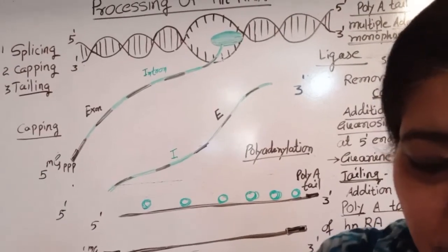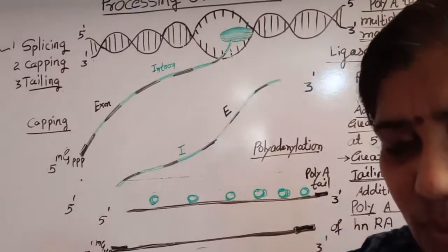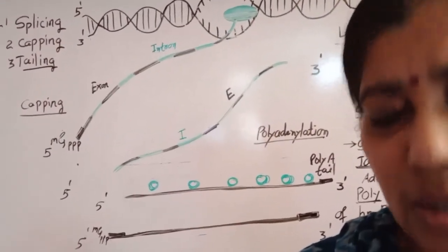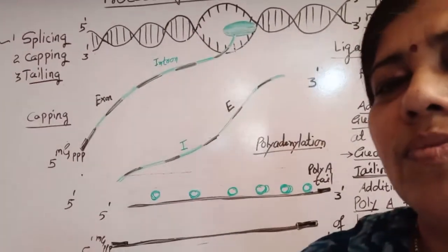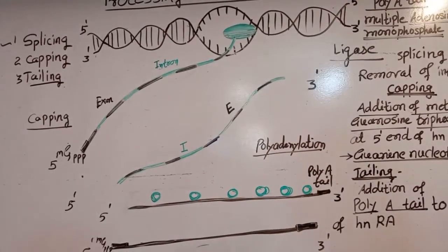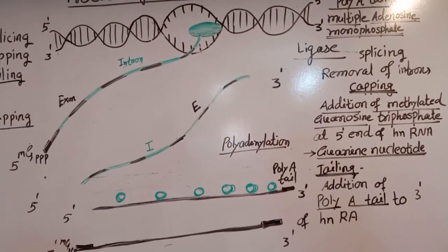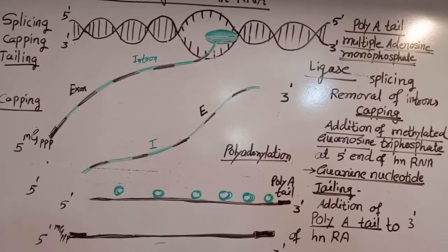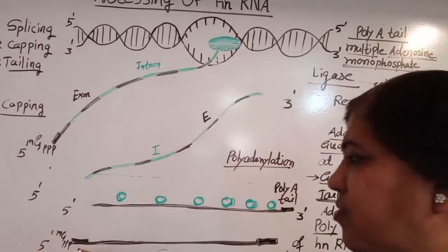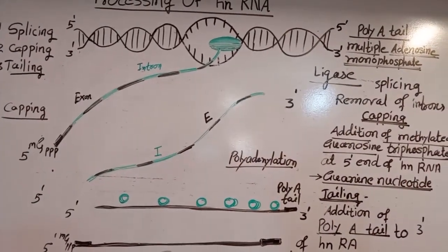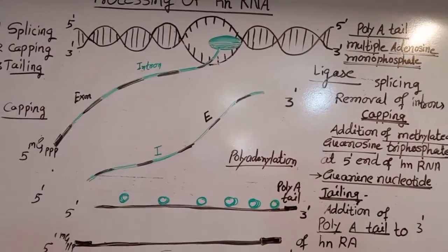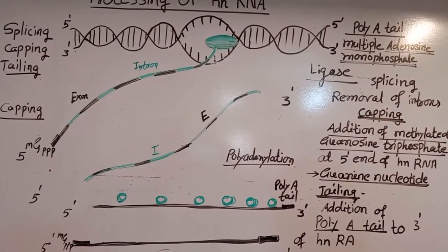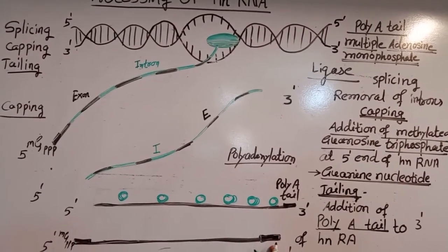So see, this is the diagram. Now the complete diagram is visible. This is the 5 prime end of hnRNA and this is the 3 prime end of hnRNA. At the 5 prime end there is methylated guanosine triphosphate, and at the 3 prime end there is the poly-A tail.